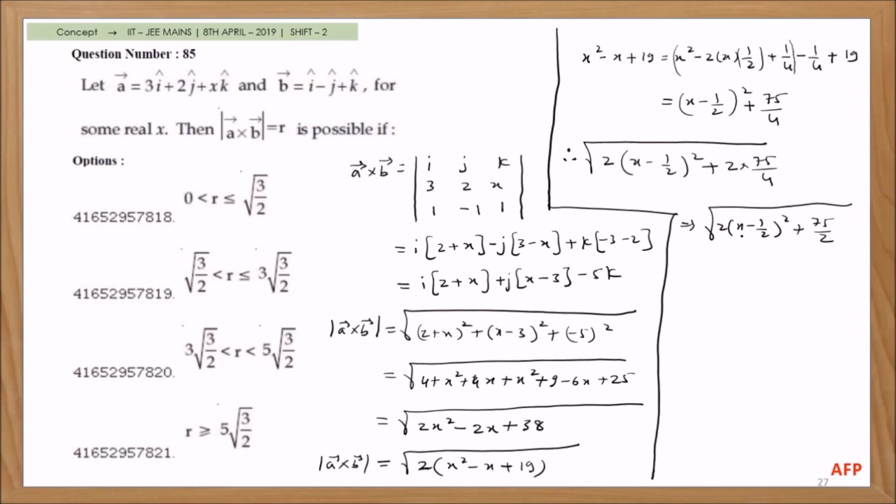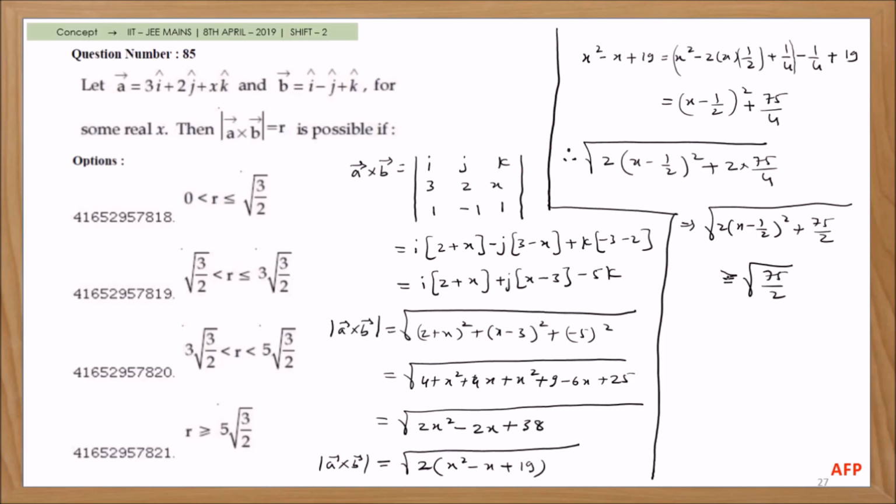If this square part is 0, then the value equals the square root of 75 by 2. Since a square term is there, it is greater than or equal to 0.